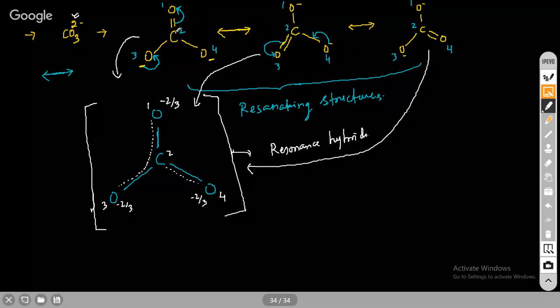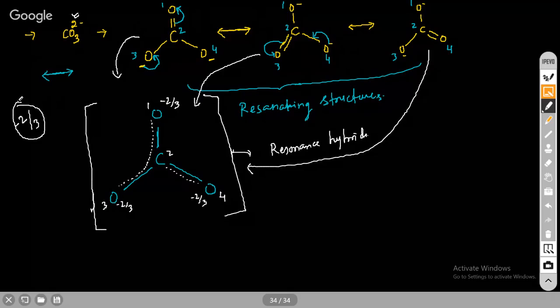It is between 1 and 2, 2 and 3, and 3 and 4 and 2 and 4 also, right? So the point is, this charge, which is minus 2, is distributed equally over the 3 oxygen atoms, right? So the total charge is minus 2 distributed among 3 oxygen atoms. So each oxygen atom will have charge minus 2 by 3.